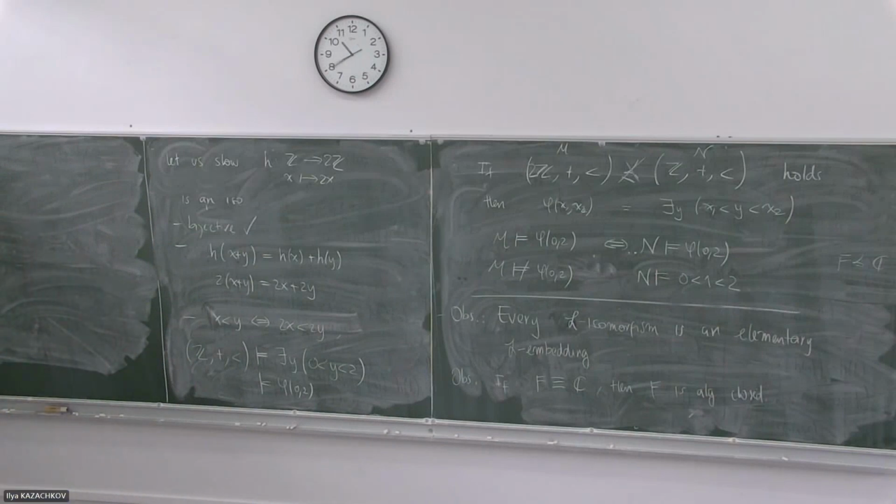First we need to ensure that we add in a sentence saying that something is a field, right? This is easy. Those are the field axioms that you have seen in any course of abstract algebra. So there is this formula, let me call it phi field.